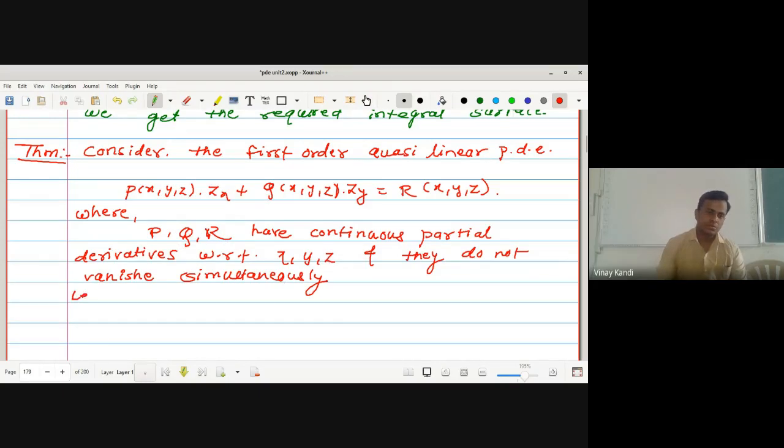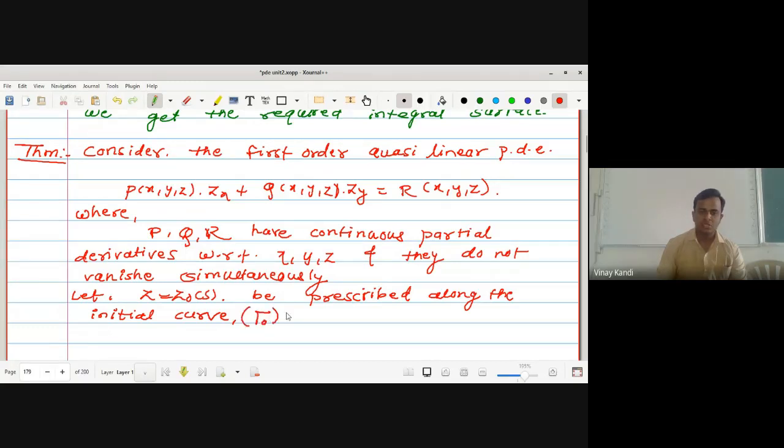So let z is equal to z naught of s be prescribed along the initial curve. And the curve is denoted by this symbol.